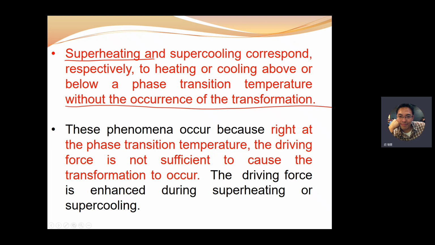Okay, the same thing for cooling: supercooling is below the phase transition temperature. If we cool this tin-lead alloy at the eutectic reaction, the temperature has to go below 183, right? If the temperature only reaches 180, do you think this structure is equivalent or not?